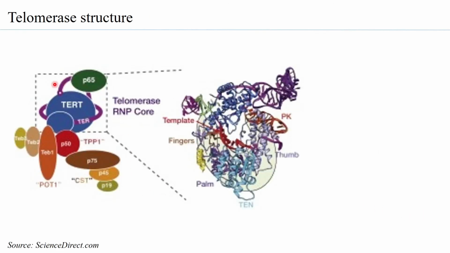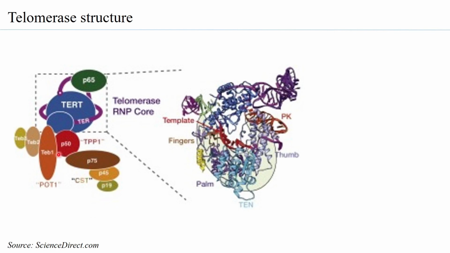The telomerase structure, as mentioned to you, has the TERT. This is the reverse transcriptase, and this is the TER, that is the RNA that acts as the template. And this telomerase is actually recruited by TPP1, POT1, and also the RAP1 of the Shelterin complex. So they have a role to play in recruiting the telomerase.